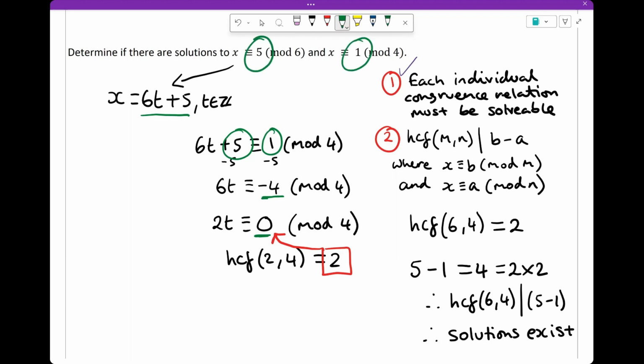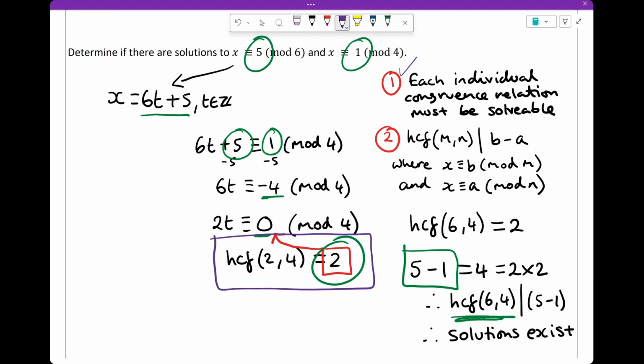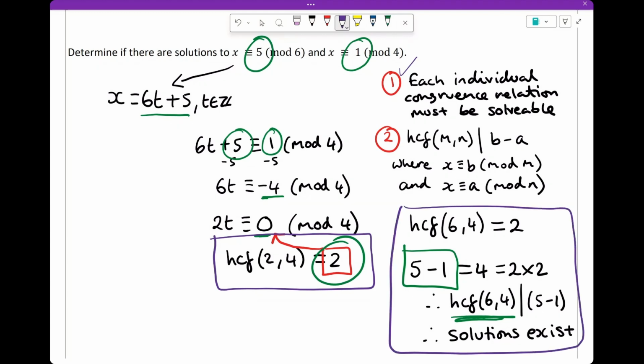If we look at what we did earlier, we already subtracted those values and checked that the highest common factor of the 6 and the 4, which is equal to this 2, was a factor of the 5 subtract 1. So this whole step is not necessary when solving simultaneous congruences, providing you have done this check over here earlier on.